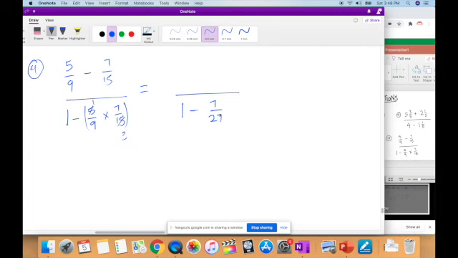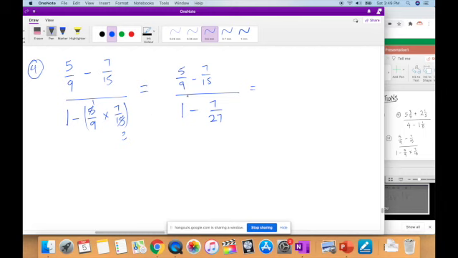Is that what you got? Right. And we're leaving the top how it is for now: 5 over 9 minus 7 on 15. So what did you do next? Now is when you start to cancel off things? Alright.